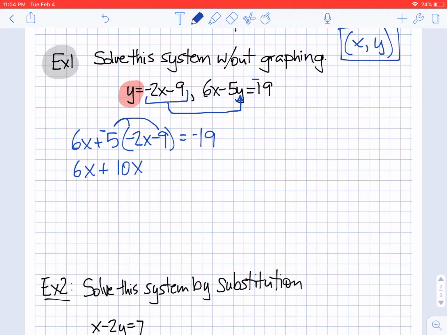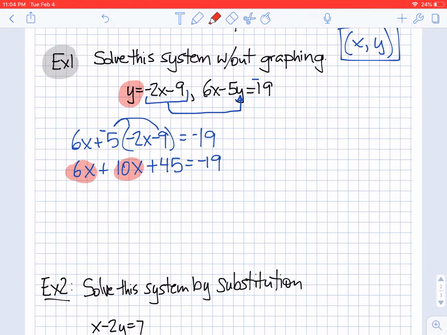Negative 5 times negative 9, again, is going to give me a 45, and this equals negative 19. Alright, now we see that we have two x's on the same side of the equation. We can add those two up, and we get 16x plus 45 equals negative 19.